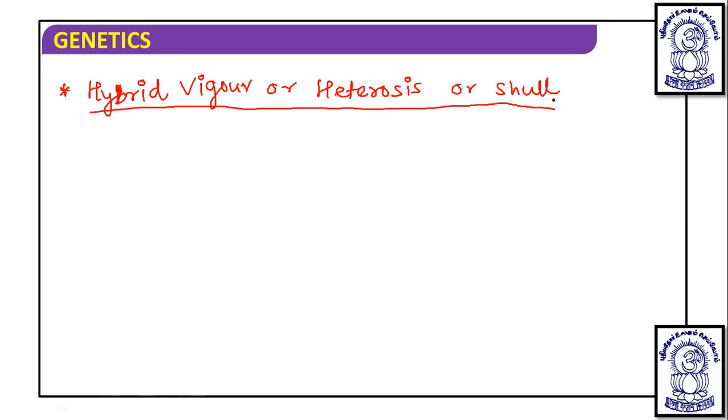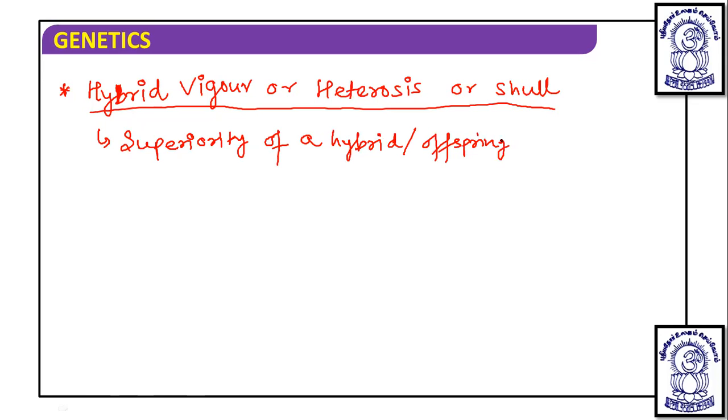So whatever the superiority of offspring that occurs over the parents, it is known as heterosis or hybrid vigor. It is defined as the superiority of a hybrid or offspring over their parent.